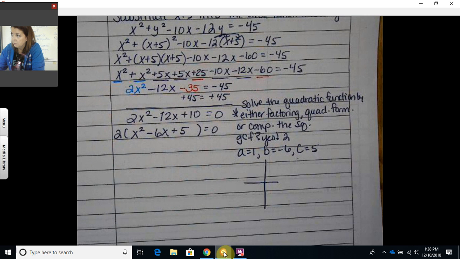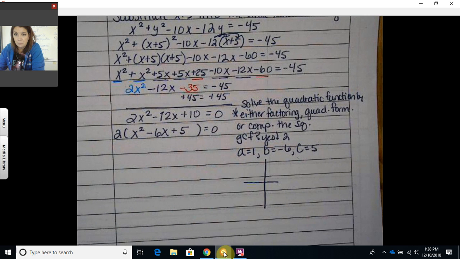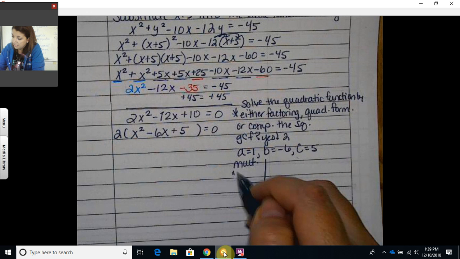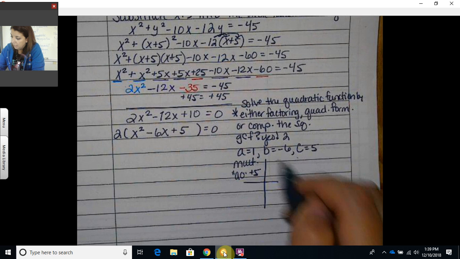Okay. I need two numbers that multiply together to get AC. A times C is positive 5. And on the right side, I need two numbers to add together to give me B, which is negative 6.